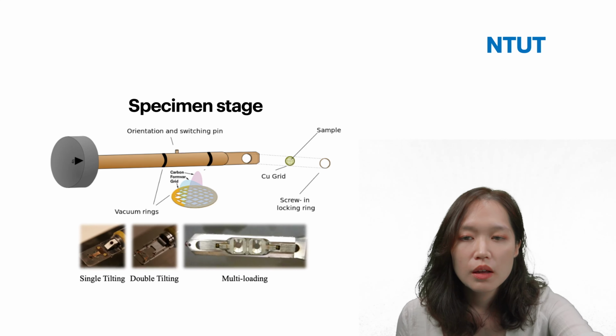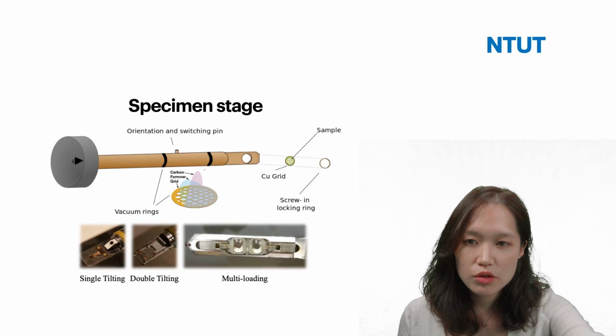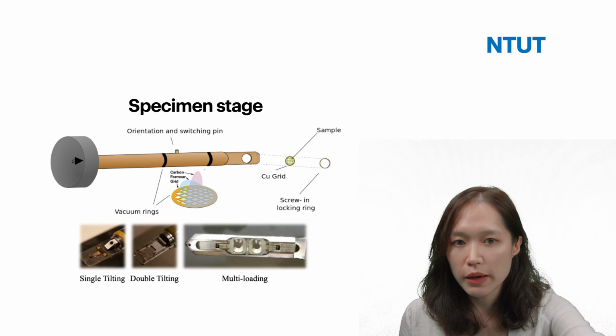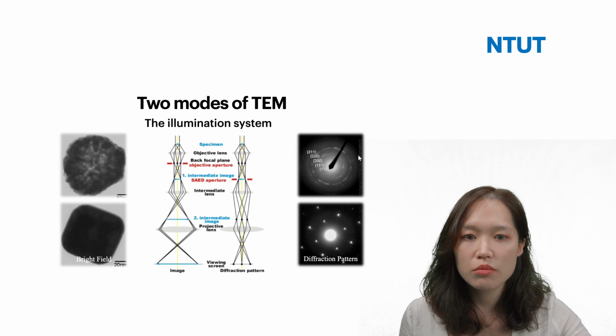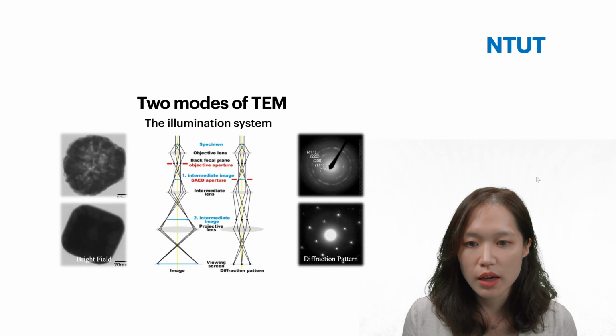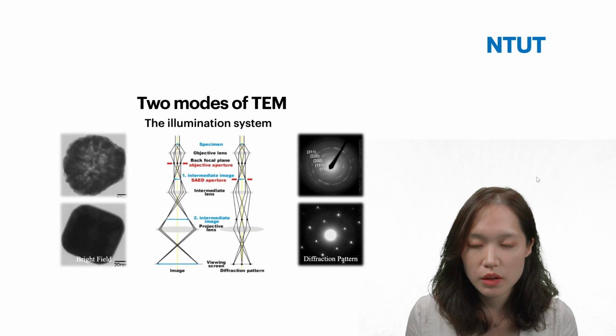Okay, so we talked about how to put the specimen in, how to drip it on, and how to choose the carbon supports. Now let's focus back on the TEM machines. There are 2 modes of the TEM machines, the image mode and the diffraction pattern mode.